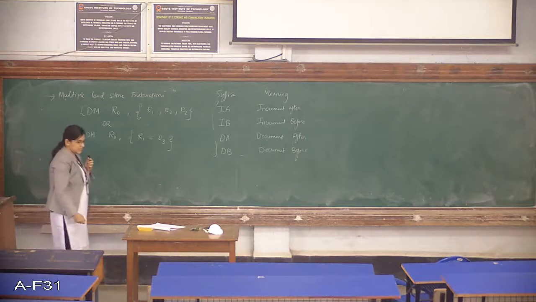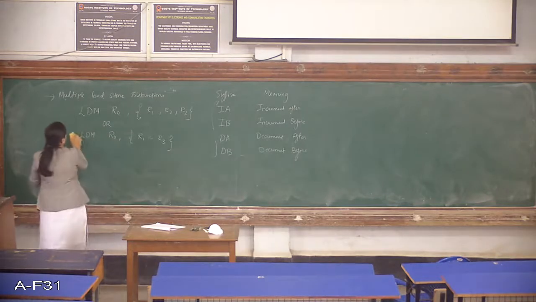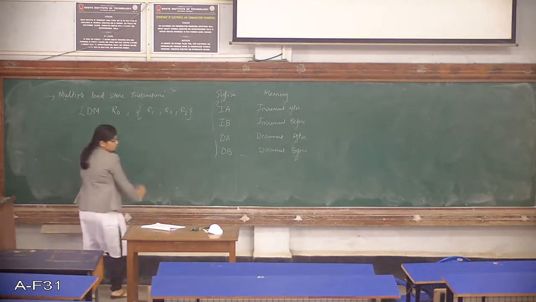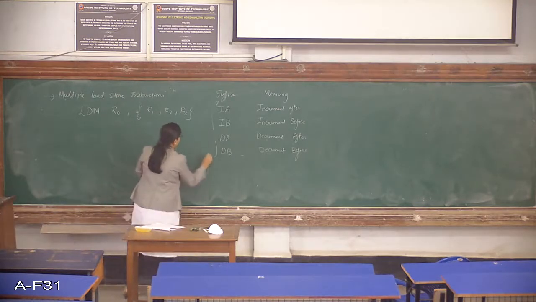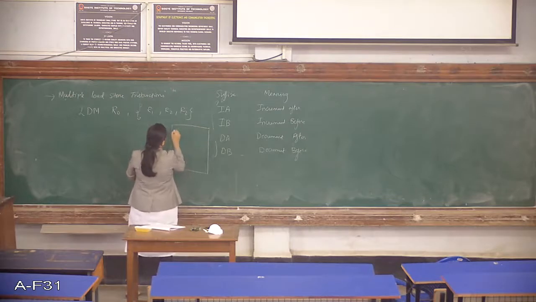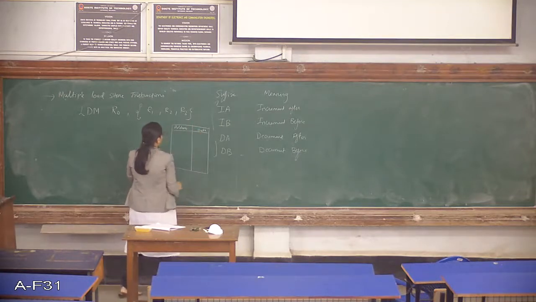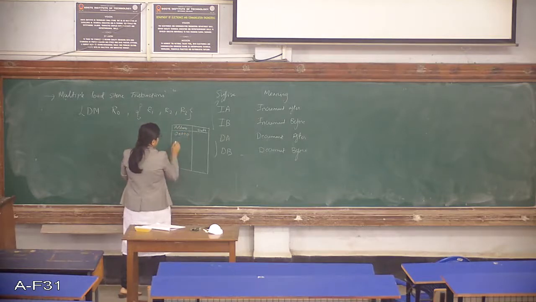So both ways you can write the multiple load instruction. How exactly is this instruction working? For this I'll take a simple example. I'll draw a memory and mention the address and the data available in that memory. Suppose I start with the memory location like this.